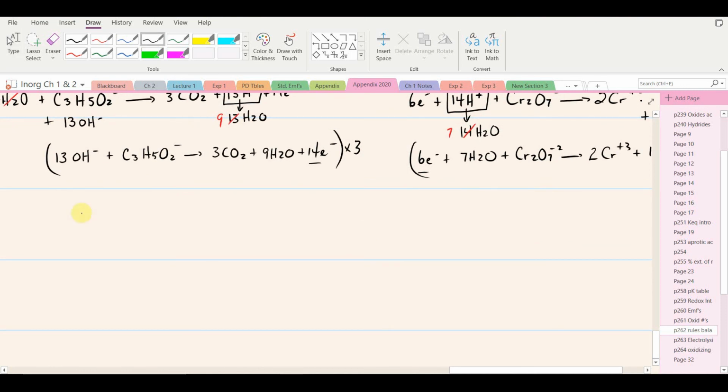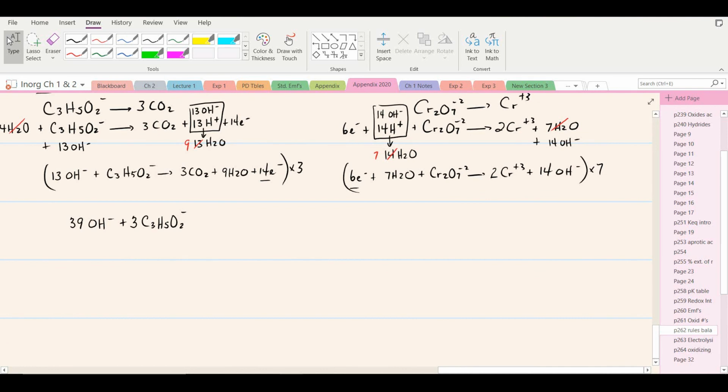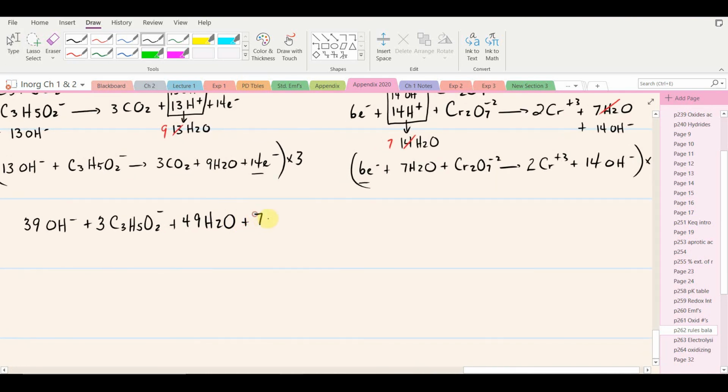So 13 times 3 is 39 hydroxide plus 3 propanoates. Let's pick up the other left side. 7 times 7 is 49 H2O and 7 dichromates.